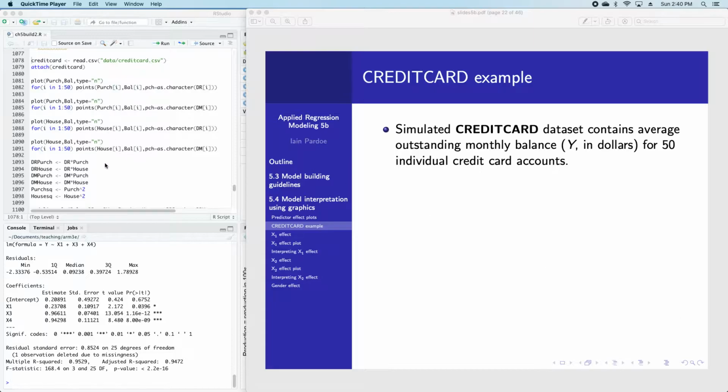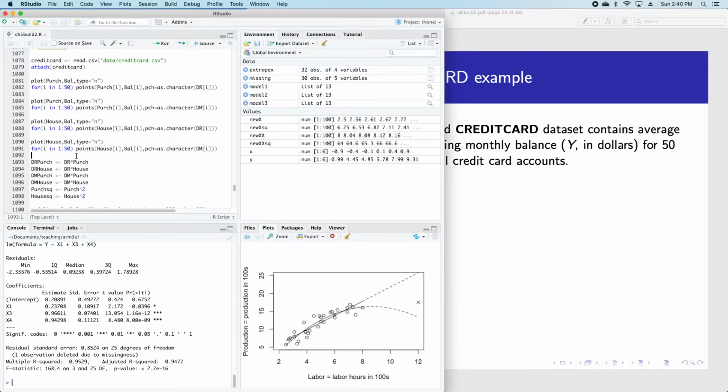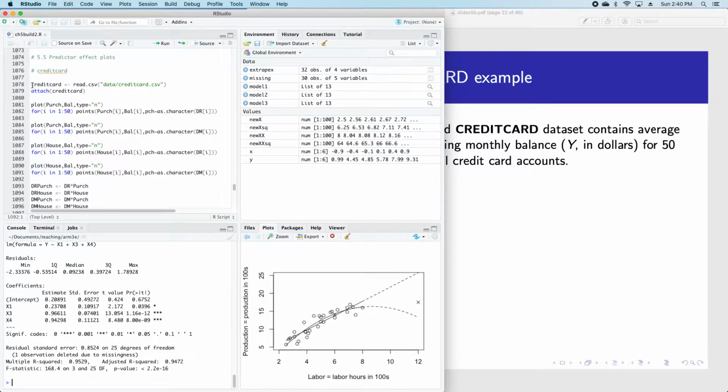So to illustrate predictor effect plots, I'm going to use some credit card data.